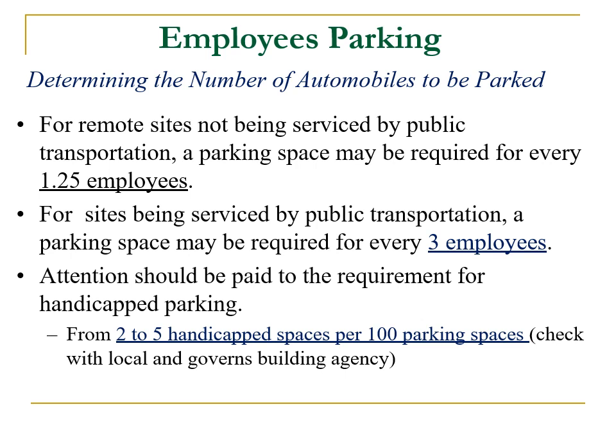For example, if we are talking about a remote site which is not being serviced by public transportation, then we may need a parking space maybe for every 1.25 employees.